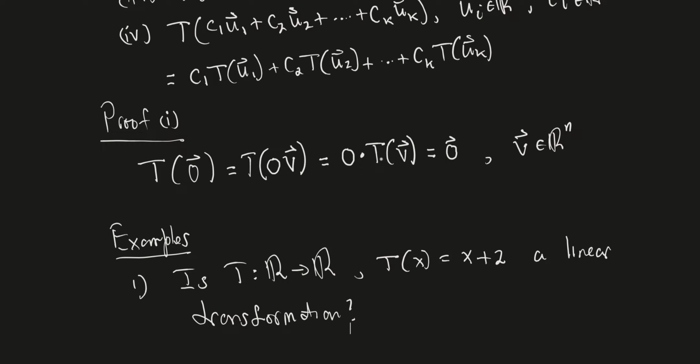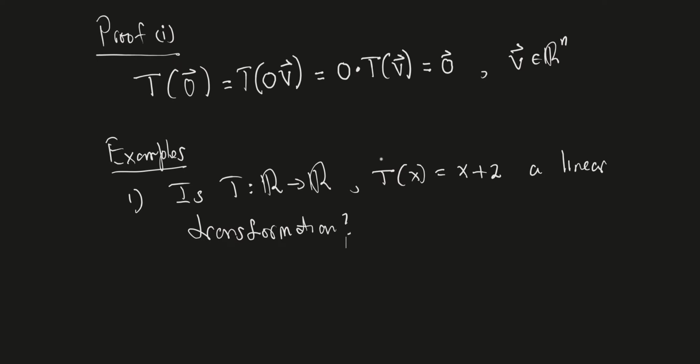Well, we could go through the same properties that we explored in a previous video, or we could make use of this. Think about what would happen if I did T of 0. I would end up with 0 plus 2, which is not equal to 0.